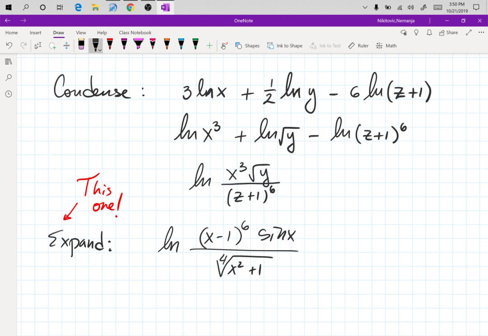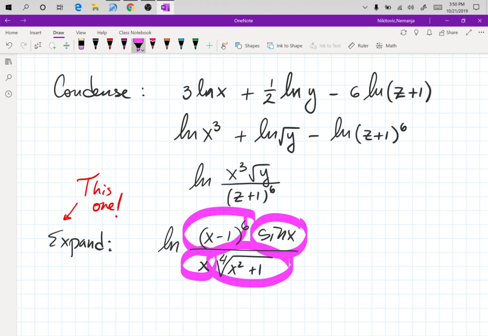Let's put x in front of the 4th root. How about that? Put the x there. So when you need to expand, you are going to use reverse steps. You are first going to separate this into 4 different logs, and then you will deal with exponents. 1, 2, 3, 4. So that's 4 different factors. So there will be 4 different ln's.